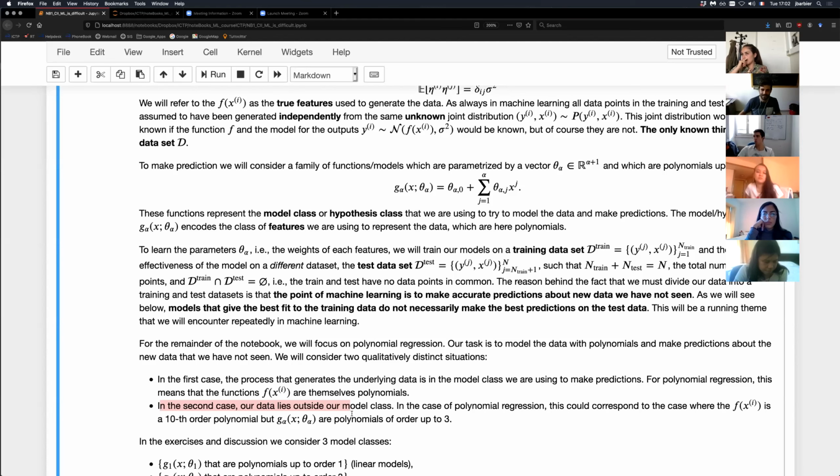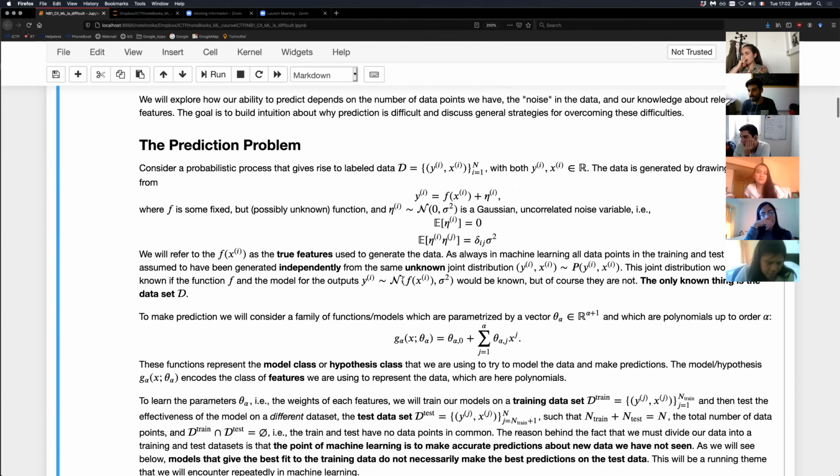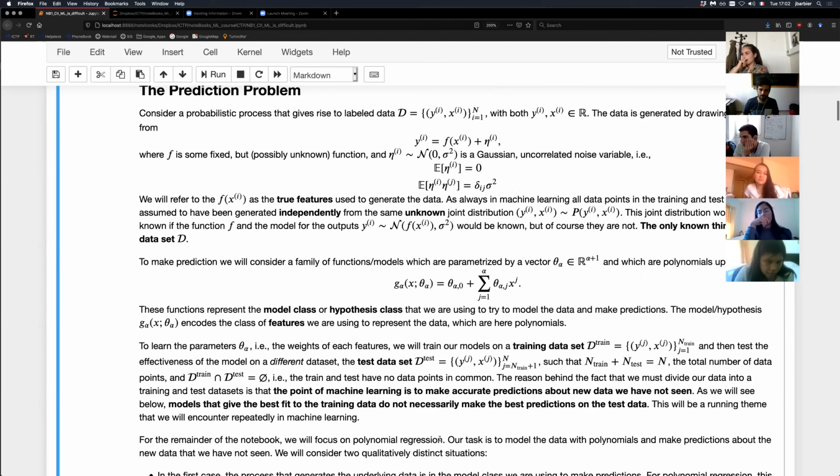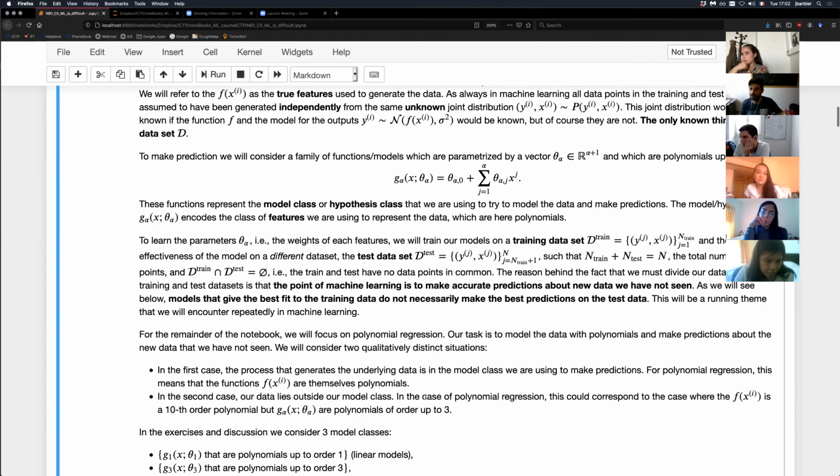So in this second case, the true function f will be a polynomial, but of order higher than what we consider in our hypothesis class, which means our hypothesis class will not be rich enough to really capture the true relations between inputs and outputs.